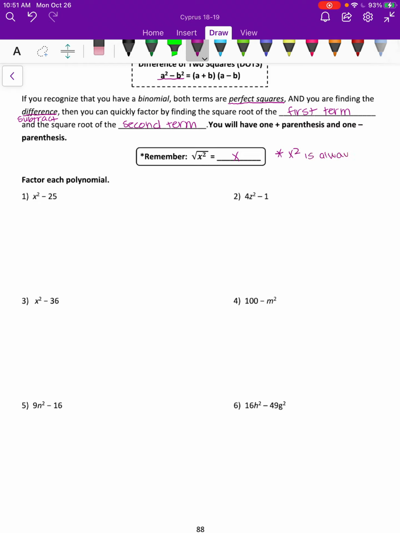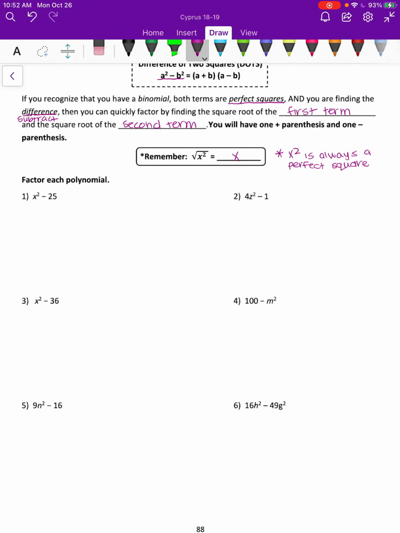X squared is always a perfect square. Okay. Is 25 a perfect square? Can I multiply something by itself to get 25? Yes, you can multiply 5 by 5 to get 25, so it is a perfect square. Are we subtracting? Yes. So this is a dots problem.